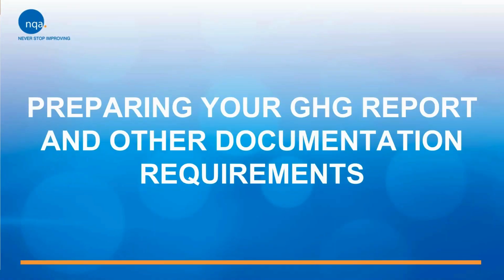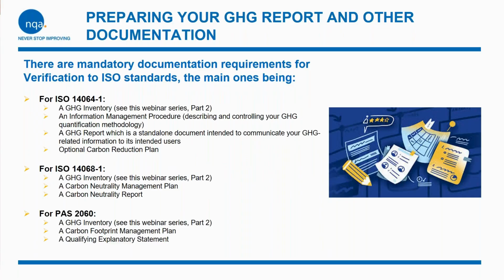So, preparing your greenhouse gas report and other documentation requirements. There are mandatory documentation requirements for verifications to the ISO standards. The main ones for your ISO 14064-1 are your greenhouse gas inventory, which we discussed in part 2.